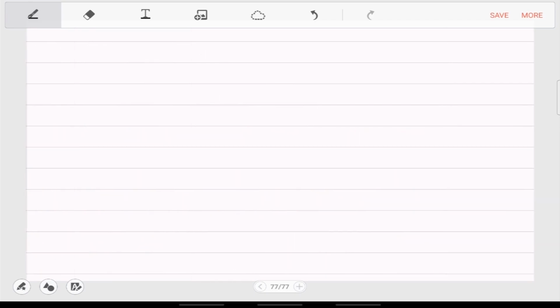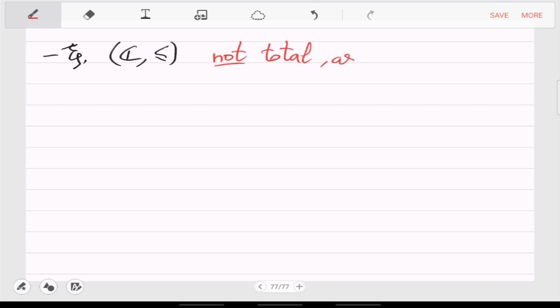What about over complex if you use less than equal to? Why not? Yeah, so it is clearly not total order because you cannot really compare I minus I, where I is square root of minus 1.